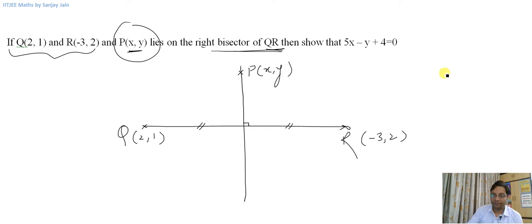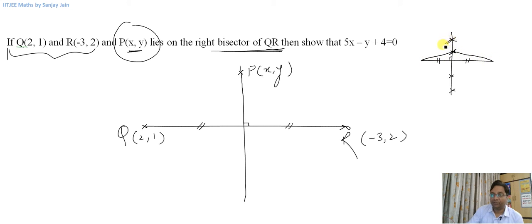Now what is the property of points lying on a perpendicular bisector of a line segment? Let us say these points lying on the perpendicular bisector of this line segment, what will happen is these are equidistant. Let us say this point is equidistant from these extremes of the line segment.